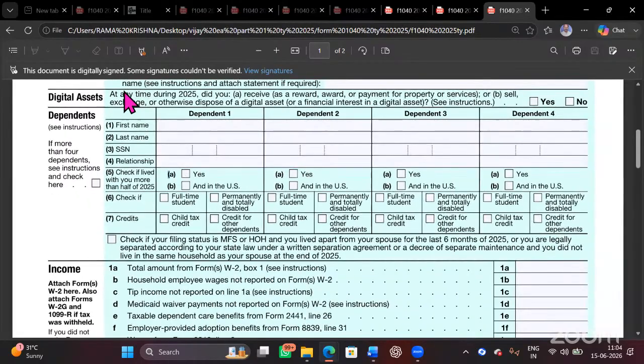This is the data to be filled that clearly belongs to dependents.